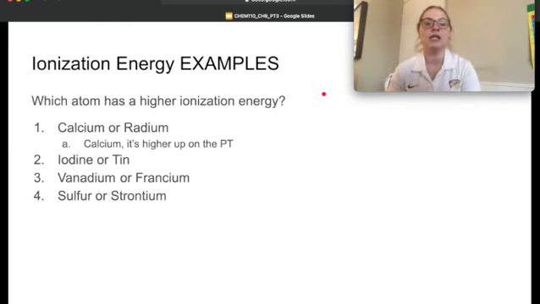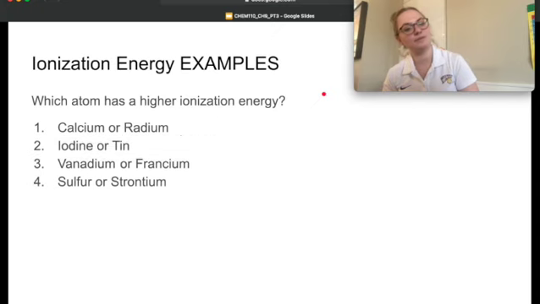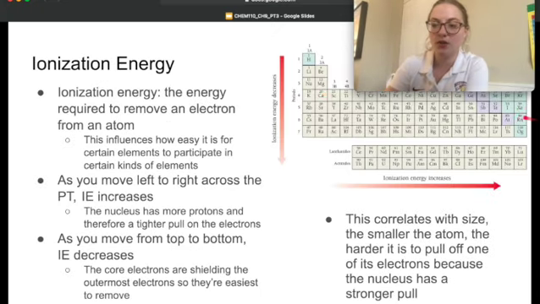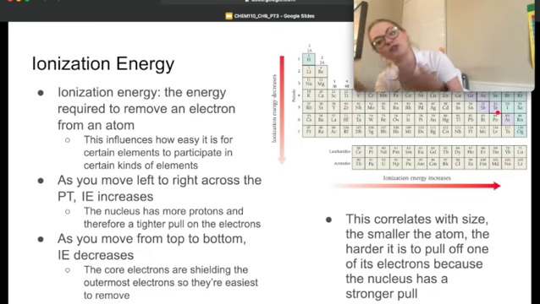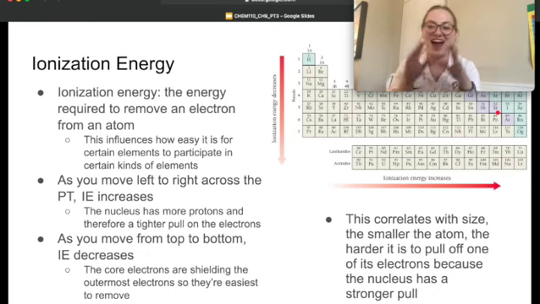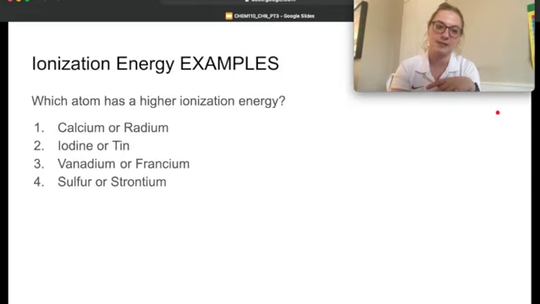Okay, let's go check out iodine and tin. So iodine's right here, tin's right here. We're comparing left to right. Well, tin is further to the left, so it's going to have a smaller ionization energy. Iodine is further to the right, so it's going to have a higher ionization energy because it's a little bit smaller of an atom than tin is.